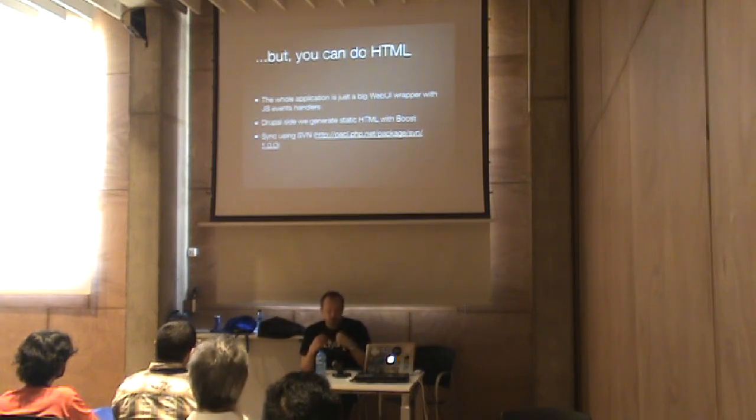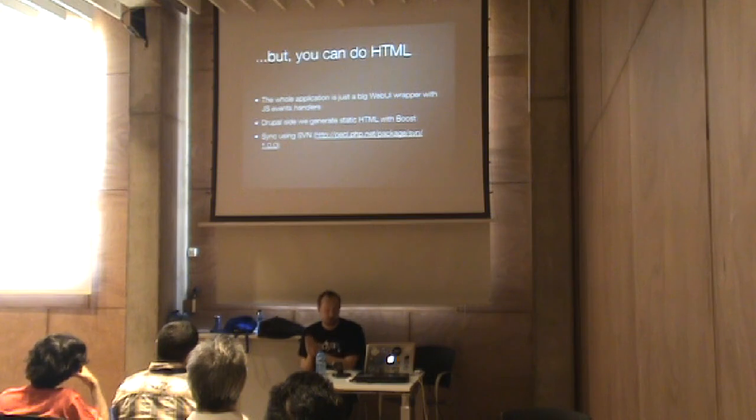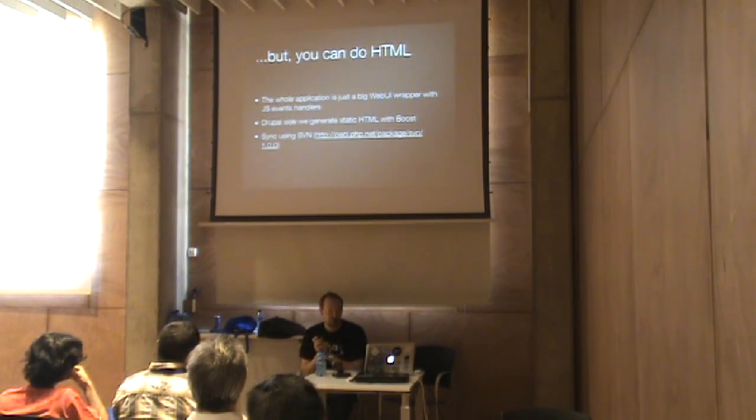So what we created is, imagine your whole application is just a big web UI wrapper, and you catch JavaScript event handlers. So that's all. On the Drupal side, you generate your static HTML using the Boost module, and you synchronize everything using SVN. So we said, let's try this. And it works pretty good.